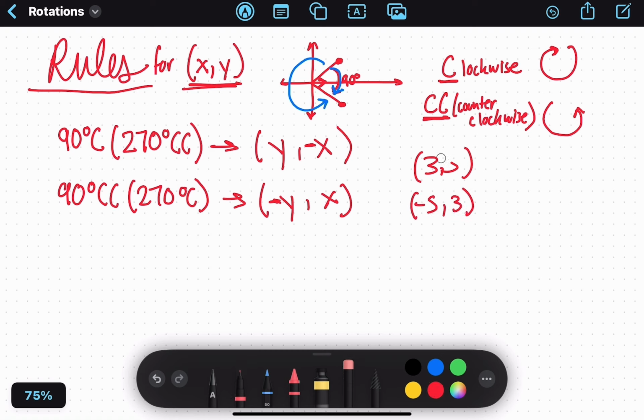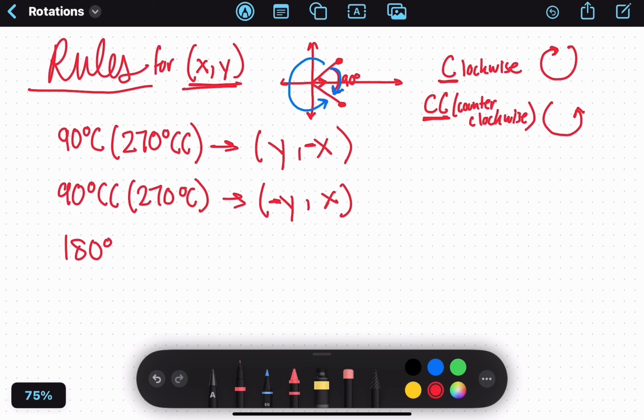Okay? And if we want to rotate something 180 degrees, all we do is we change the sign of x and y, and we keep them exactly as they are. And 180 degrees doesn't really have a direction because it's the same regardless. 180 plus 180 makes 360.